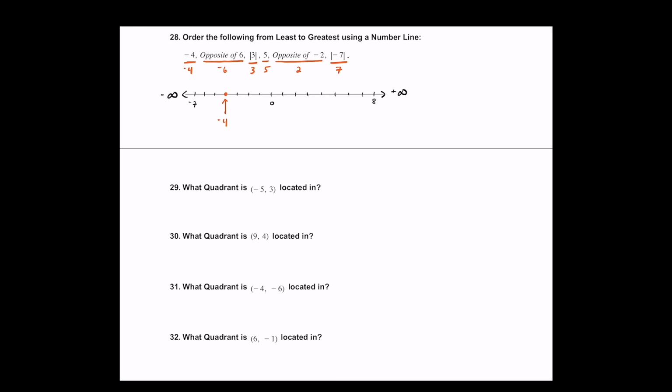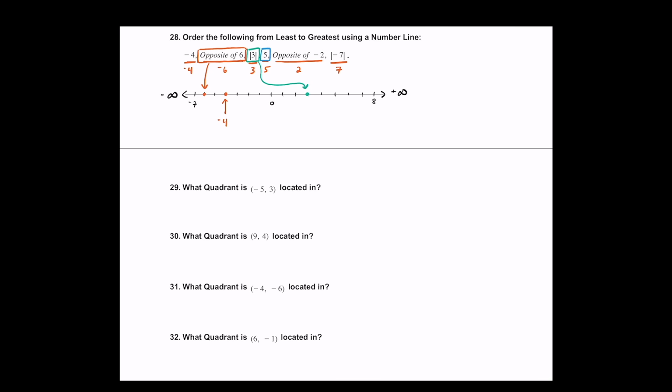And then the opposite of 6, that's going to be right here. How do I want to do this? I don't really want to write all of this out right now, so excuse my laziness there. And then let's see, what is this? The absolute value of 3. Maybe use different colors if that helps a little bit. The absolute value of 3, sorry, is just 3. So that's right over here. Okay. What about 5? Well, that's just a normal 5.